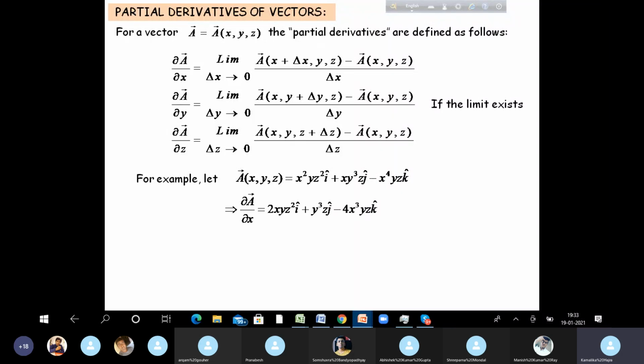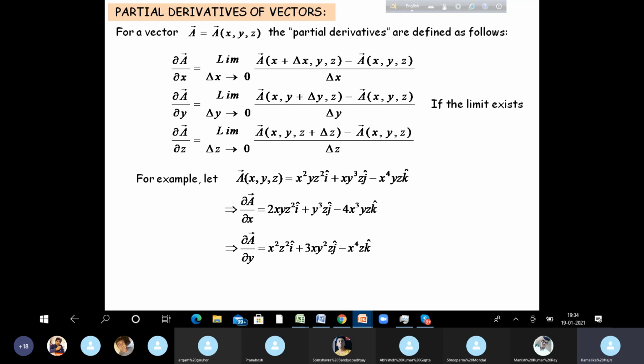So del A del x is this. You have differentiated with respect to x only, keeping y and z constant. So you get 2xyz square i cap plus y cube z j cap minus 4x cube yz k cap. Similarly, del A del y, you will differentiate only with respect to y, treating x and z as constant.